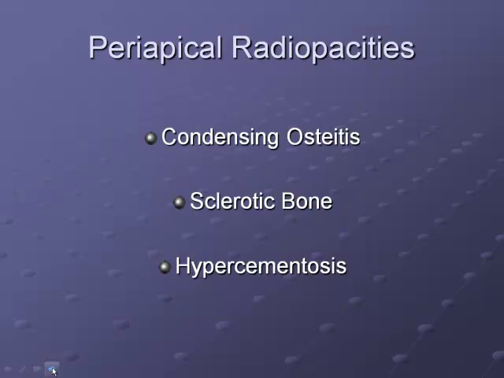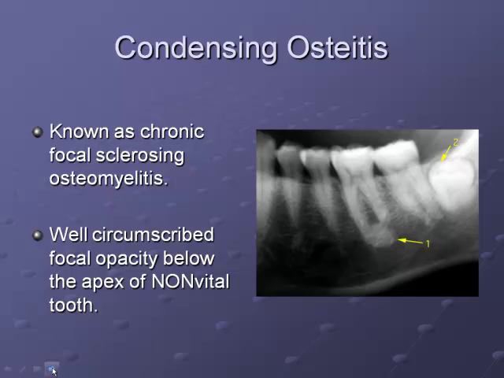There are three types of periapical radiopacities that we will discuss: condensing osteitis, sclerotic bone, and hypercementosis. Condensing osteitis, known as chronic focal sclerosing osteomyelitis, is a well-circumscribed focal opacity below the apex of a non-vital tooth, number 1 on the radiograph.